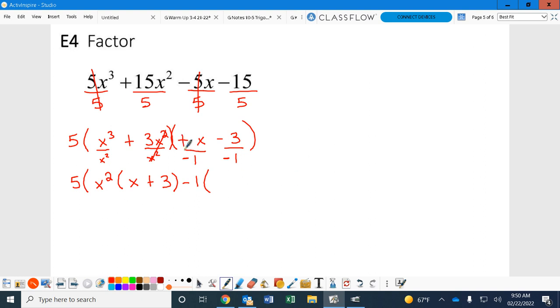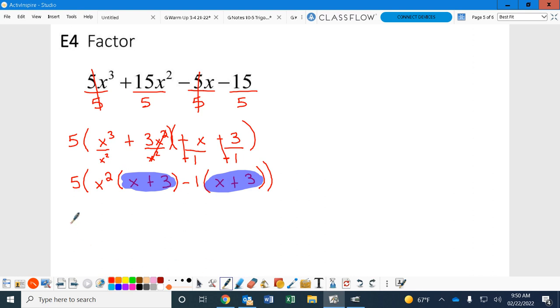The negatives cancel, and x divided by 1. Guys, anything over 1 is just that number, so it's just going to be x. And then again, the negatives cancel, so instead of a minus in the middle, it's now going to have a plus in the middle. And 3 divided by 1 is going to be 3. What am I missing on the end? Another parentheses to close out that big set. And here we go. What's in common is going to be this x plus 3.